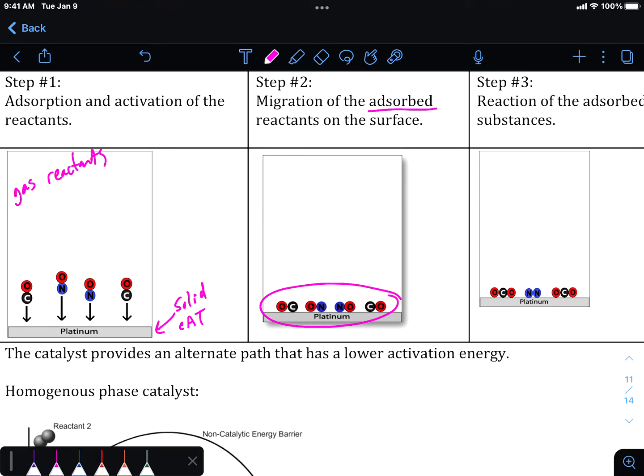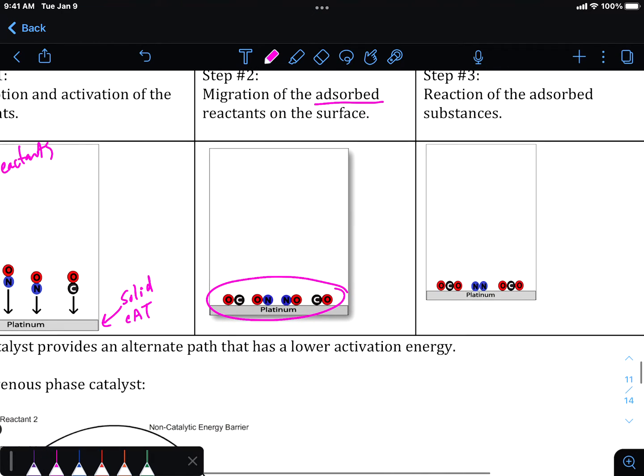Now, when they attach to the surface of the platinum, they might react on the spot, right? Or it's more likely that because they are now collected in one area, you have more collisions with a molecule that is stationary. And that makes for more effective orientations and higher rates of reactions.